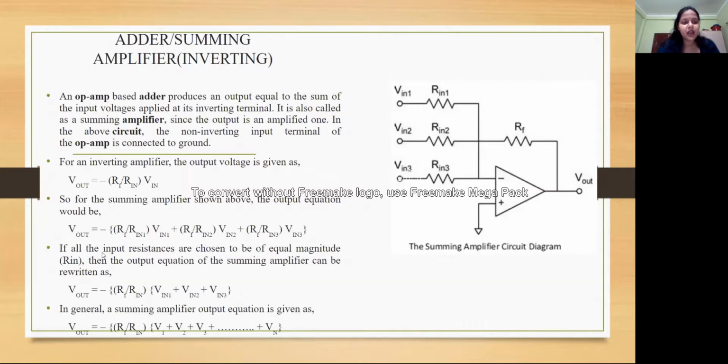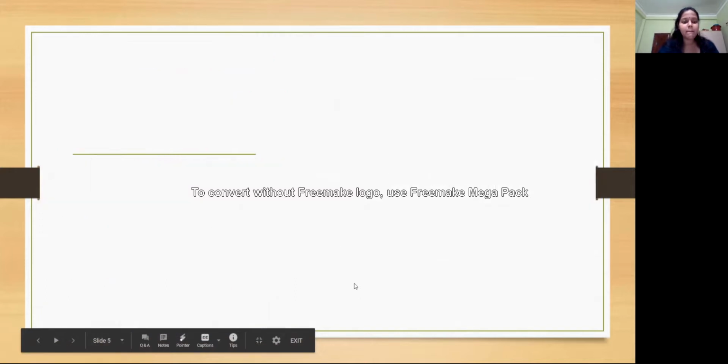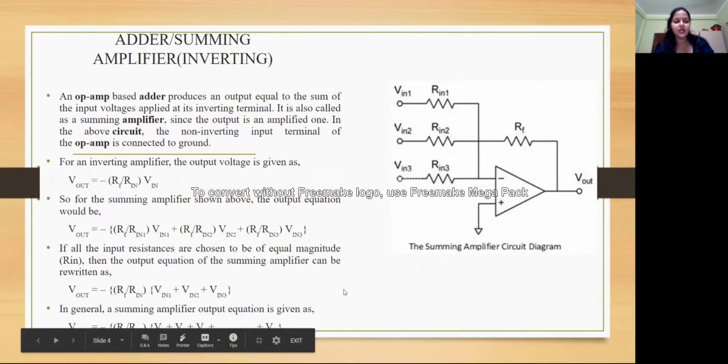Now, if the 3 input resistances are equal, if R1 equals R2 equals R3 equals something, let it be Rin, we can have V output equals minus RF by Rin into the sum of input voltages.